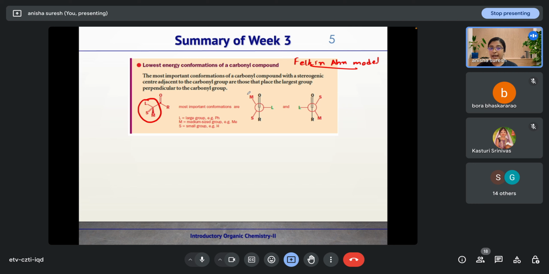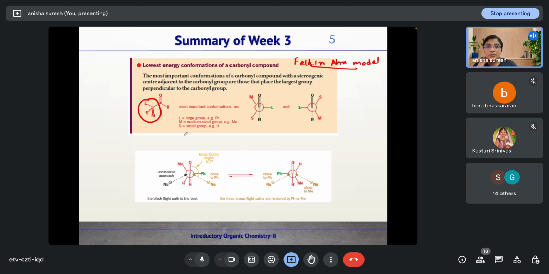The back carbon has the larger group that is perpendicular to the carbonyl, the medium group and the small group. And if we rotate this, such that the large group will come perpendicular to the carbonyl on this side, the small group will be coming adjacent to the carbonyl, and the medium group will be away from the carbonyl like this.